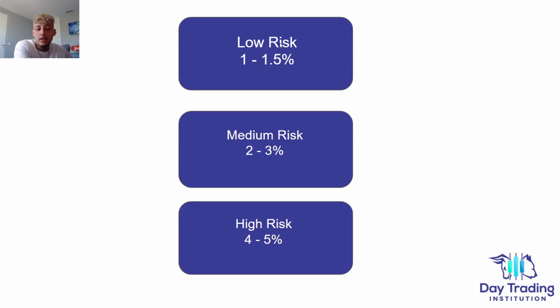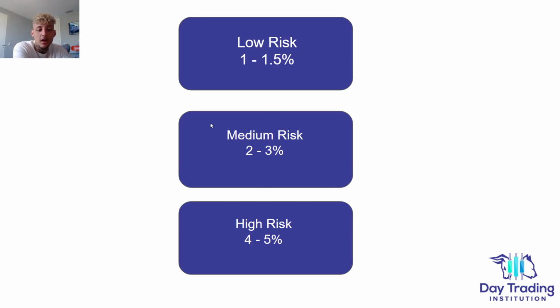Now, this is how I determine my risk per trade. If I see maybe I'm taking a type B setup where I don't have as many confirmations, I may take a low risk entry, anywhere between 1 to 1.5%, right? Now, every setup is going to be different. The more confirmations I typically have on a setup, the higher the risk I'll typically go.